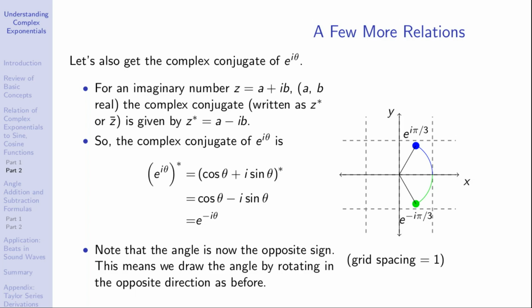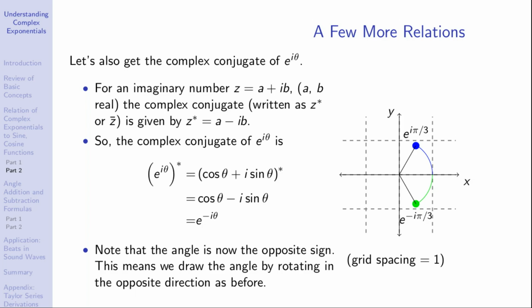So the complex conjugate of e to the i theta is (e to the i theta) star, which equals (cosine theta plus i sine theta) star, which equals cosine theta minus i sine theta, which equals e to the minus i theta.